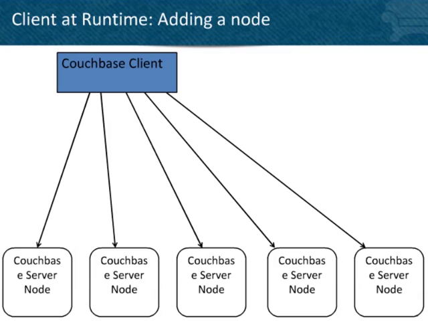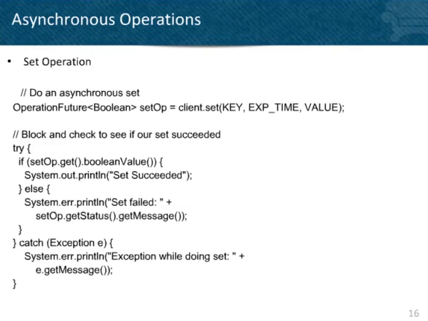So essentially, when a node gets added or when a node gets removed, you don't really have to do anything, and the persistence and the replication and all those features happen automatically.